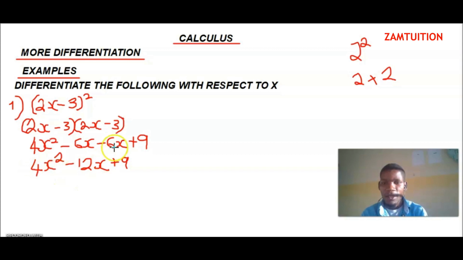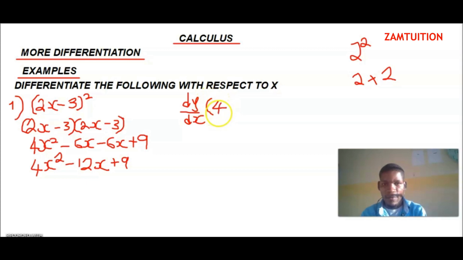After we come up with this, that's when we can find the dy over dx of each term here. So we'll say dy over dx, because we are differentiating. We are going to be finding the dy over dx of each term.